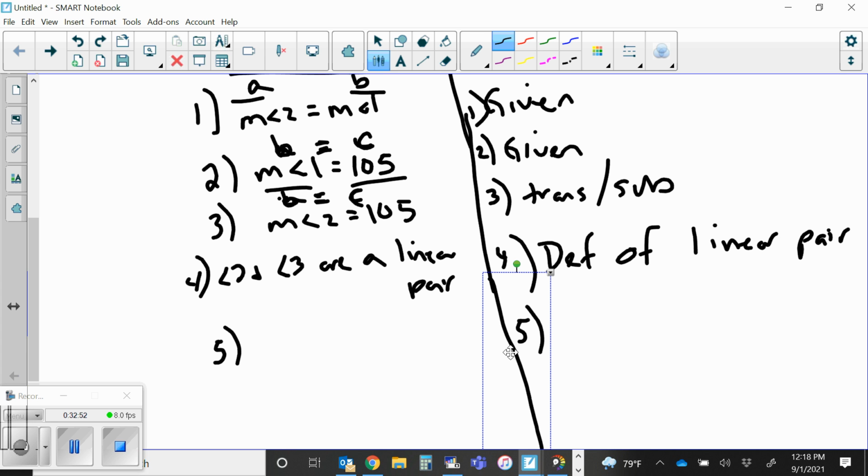You remember how you wanted to jump to the measure of angle 1 equals 105? You were saying, well, because I know 1 and 2 are the same, that means it has to be 105. But I'm saying you have to lay that out for that person.